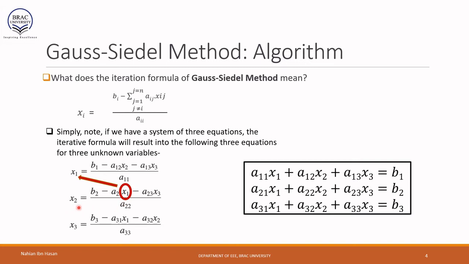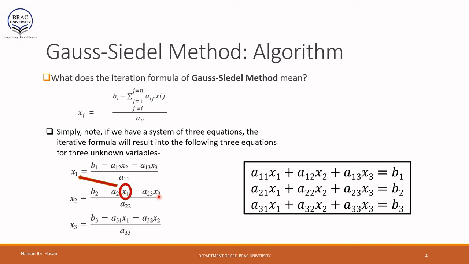So whenever we are finding x2, we already have a modified approximation of x1 from the first case. That's why we use that modified version in our x2 equation.